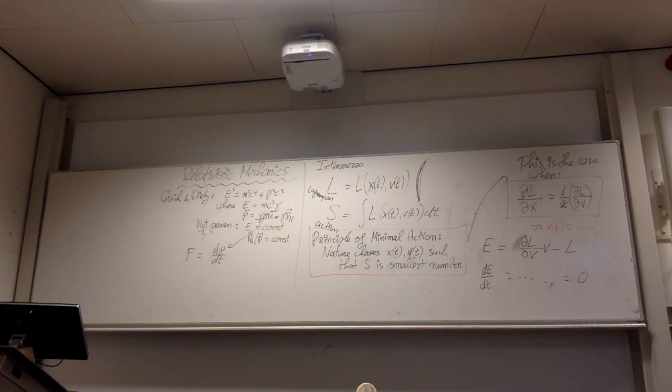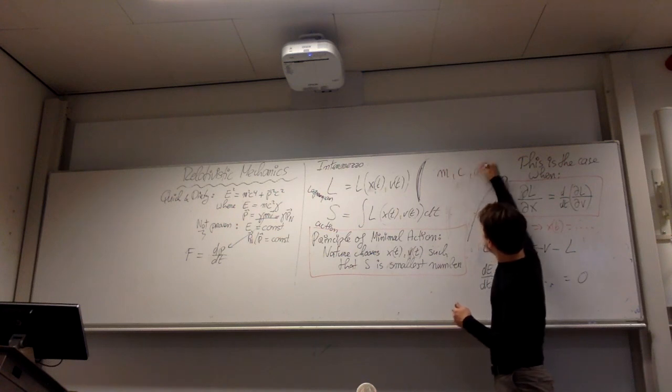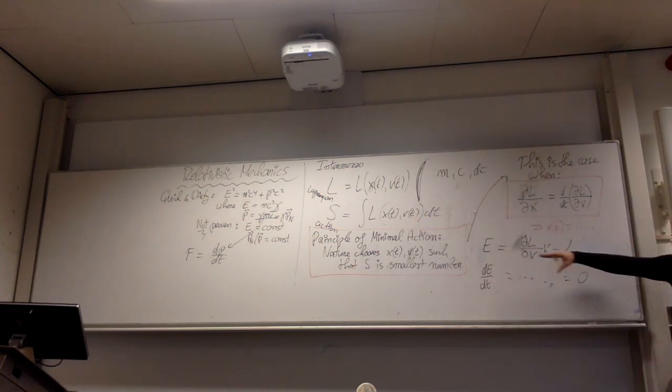My claim, and we will continue this next week, is that if you have M as an invariant, C as an invariant, and d tau as an invariant, there's only one way that you can build your Lagrangian that will be invariant and therefore will give you the laws of physics the same in all frames. Once we found that one, we go through the steps, calculate energies, and we get all our relativistic mechanics. Okay, that's it. Let's go to tutorial.